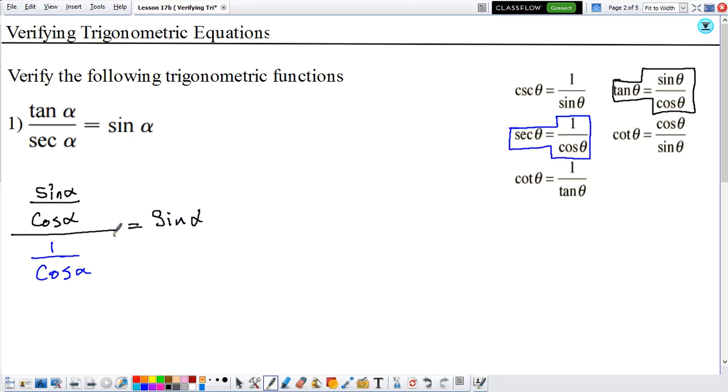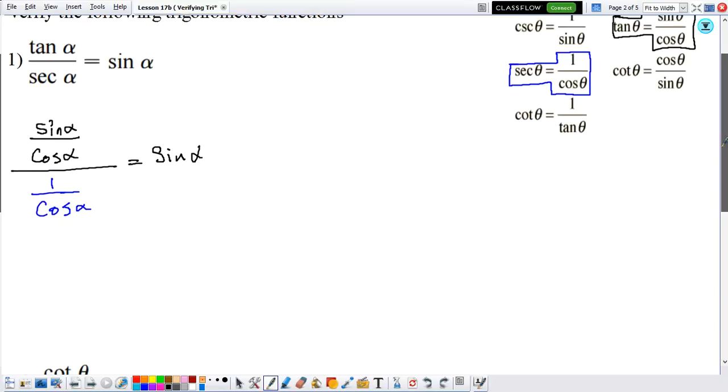All we're doing is choosing one side and modifying that one side. You cannot modify both sides. You choose one and make it look like the right side. Now we have this. It looks a little bit messier, but what do you know about dividing by fractions? When you're dividing by a fraction, that's the same as multiplying by the reciprocal.